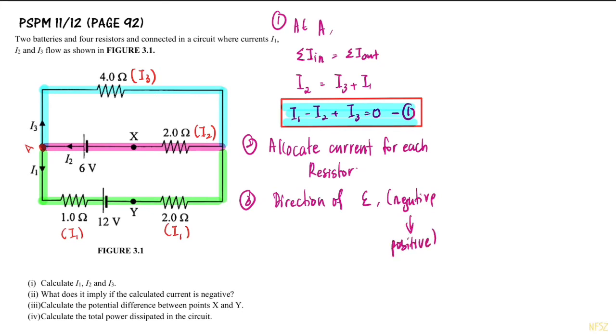So kalau kita tengok dekat yang ini, 6 volt ni negative to positive. So ni adalah direction EMF kita. Kena lukis for 12 volt down here. So negative to positive. So directions of EMF ini fix. This one is fixed. Cuma directions of current I3, I1, I2 ni awak boleh ubah-ubah. Tapi dalam soalan ni dia dah bagi, so means that you can't change it.